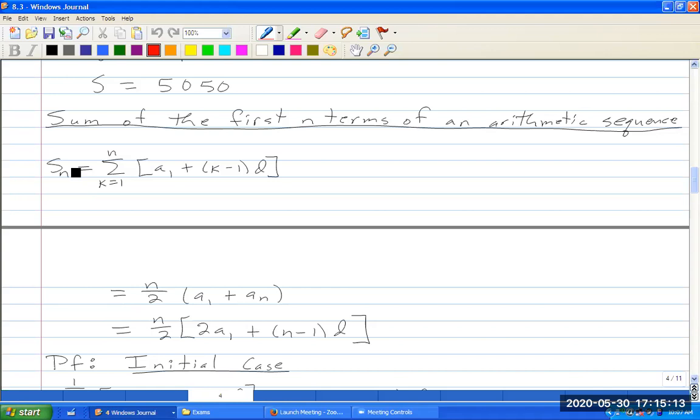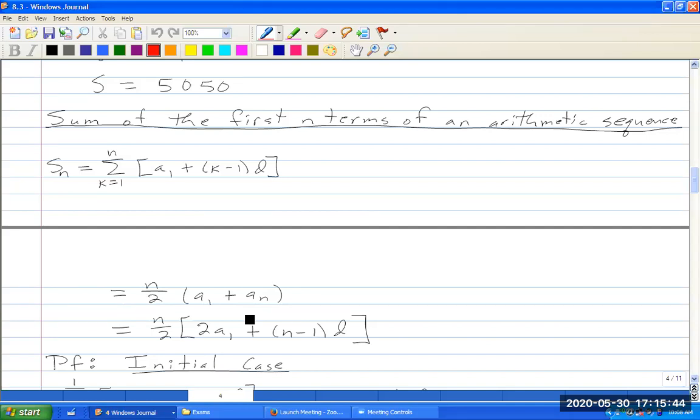So this will be the sum k equaling 1 to n of the arithmetic sequence a sub 1 plus k minus 1 times d. Well, the sum is what Gauss said. You add the first and last terms and then take the total number of terms and divide by 2. So it's n over 2 times a sub 1 plus a sub n.